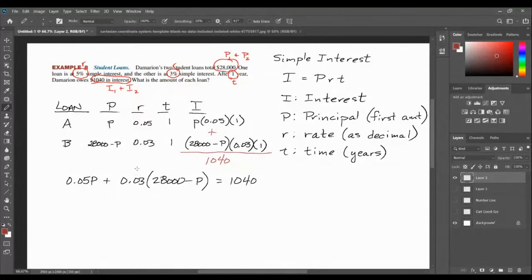I need to go ahead and distribute this 0.03 through. So I've got 0.05p, and 0.03 times 28,000 is 840. 0.03 times p is 0.03p. Can't forget the sign on that one.